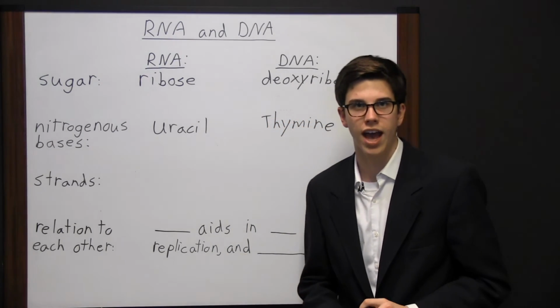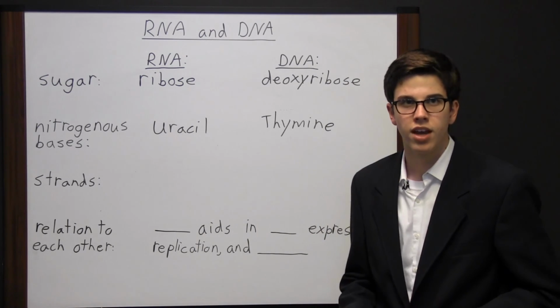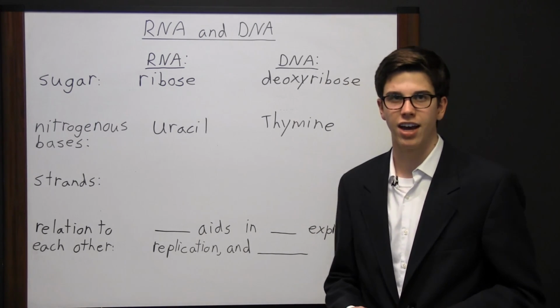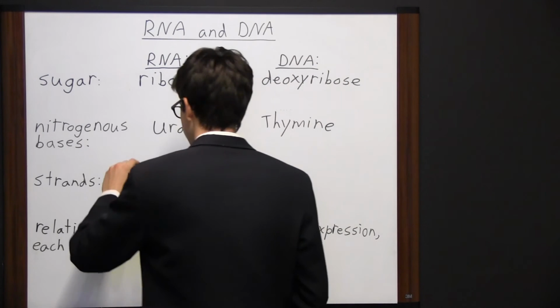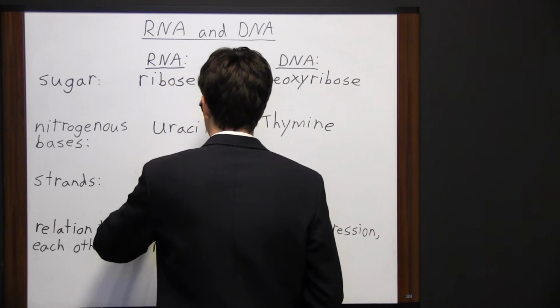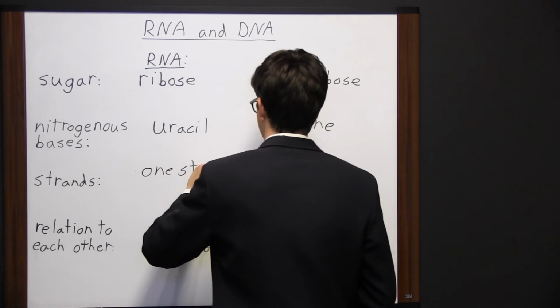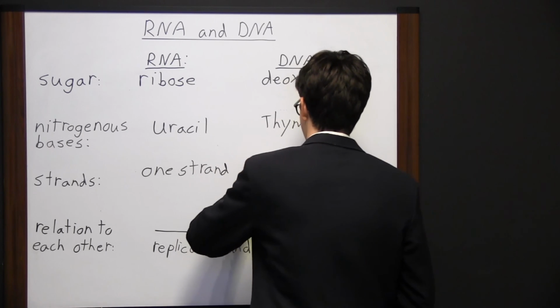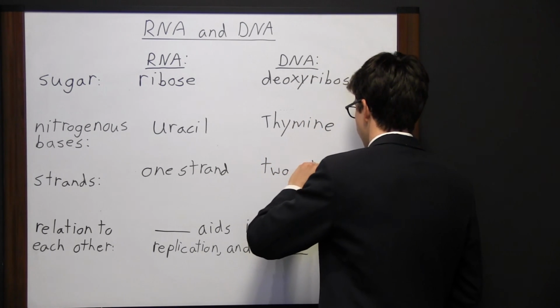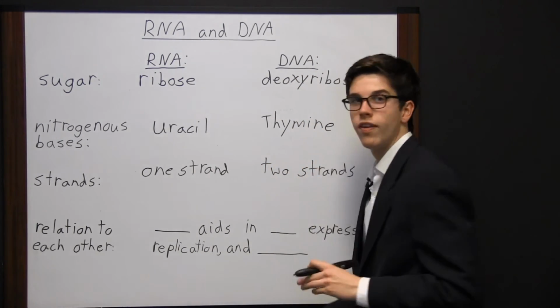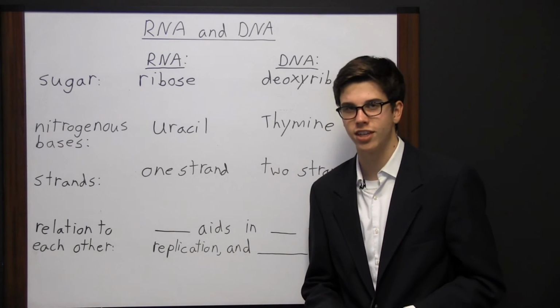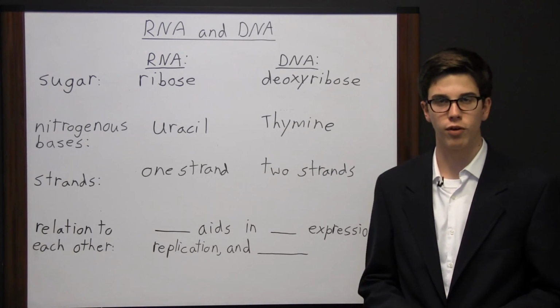RNA only has 1 strand. However, DNA has 2 strands. In fact, if you were to straighten out DNA, it would have 2 side rails.